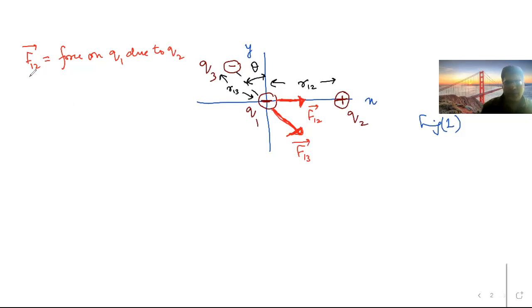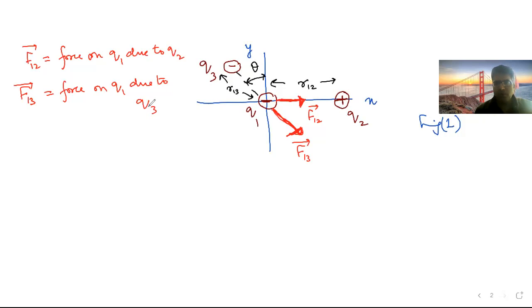What is F13? It is force on Q1 due to Q3. So F13 is our force on Q1 due to Q3.